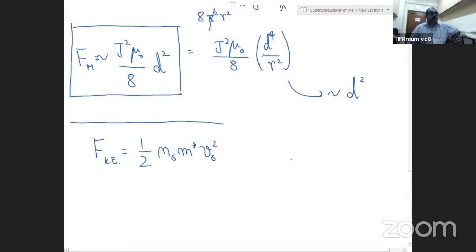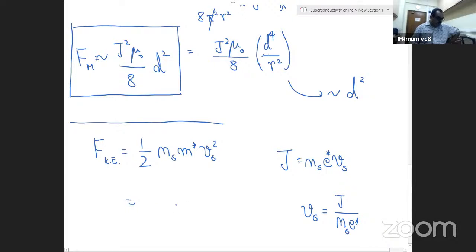Okay. All right. So now again I know that J is ns e star vs. If I am using star everywhere, I should use it consistently. So vs is J by ns e star.